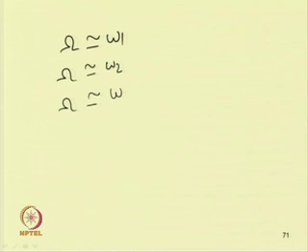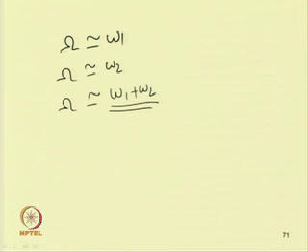So, different resonance conditions one can study. Some of the resonance conditions are written here. Omega 1 nearly equal to omega 2, then omega may be a combination of omega 1 plus omega 2. So, this is a combination type of resonance.